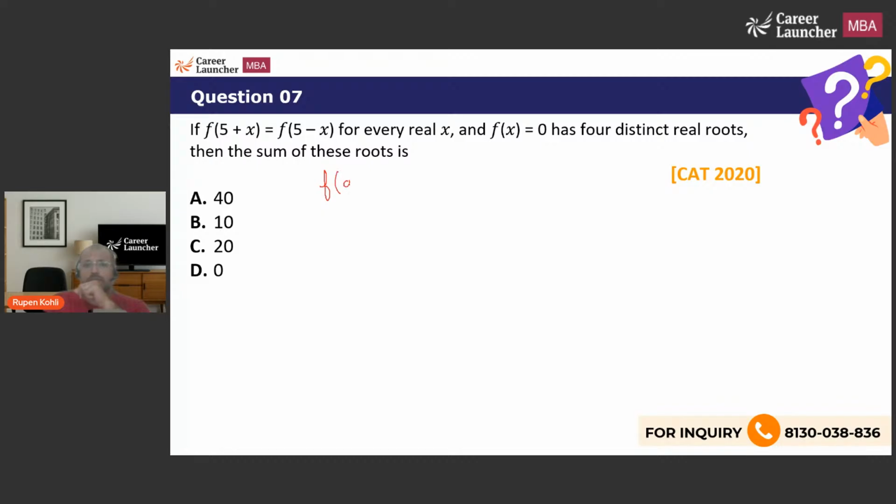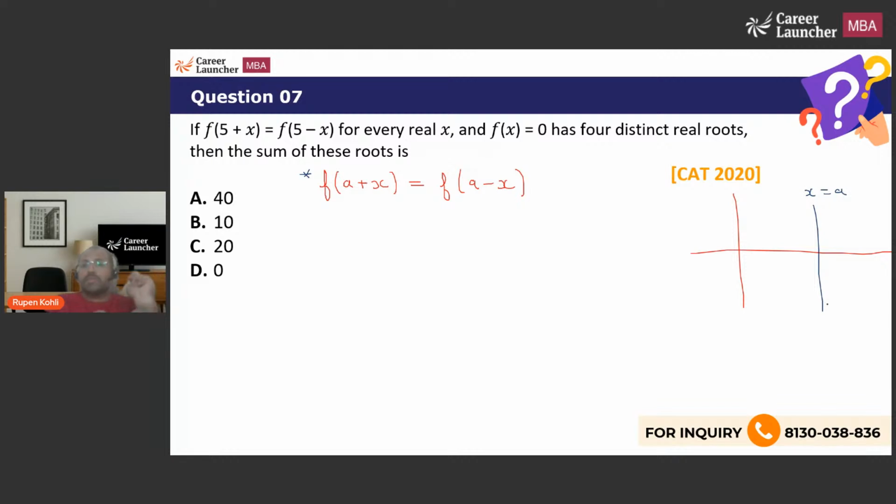So I'm just writing in general, if we have f(a + x) = f(a - x), let's understand what this means. So here a is 5, and we have something like this written over here, right? f(a + x) is f(a - x). So basically for any function, this being the x and the y axis, for the vertical line x equal to a, this equation is telling us that the value of the function x units right or left of the line x equal to a is the same.